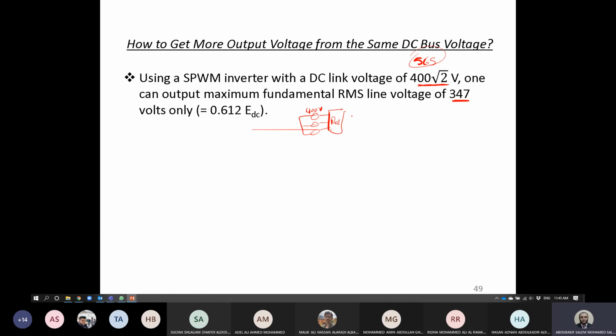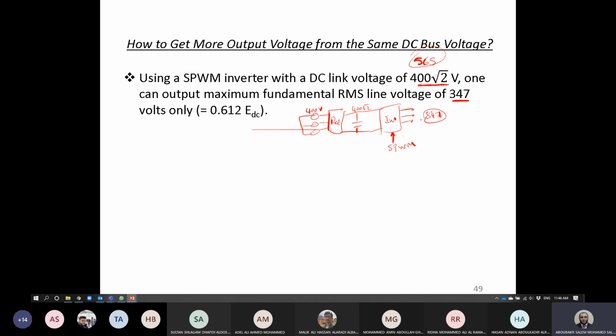This is now the rectifier, and you have here the DC link, which will be 400 multiplied by square root of 2, and then we have our inverter. So if we apply sinusoidal pulse width modulation here, you will get a 3-phase output of 347, not more.